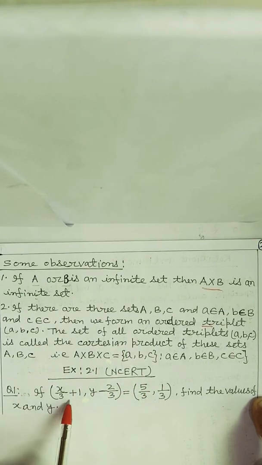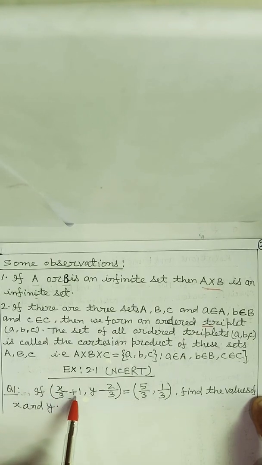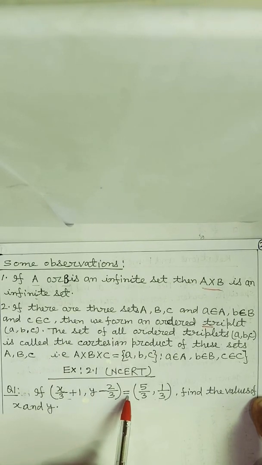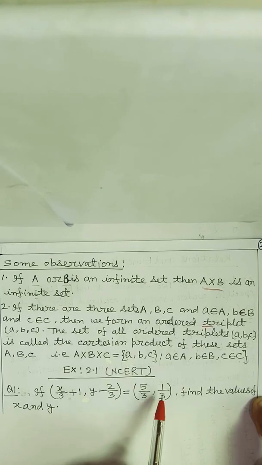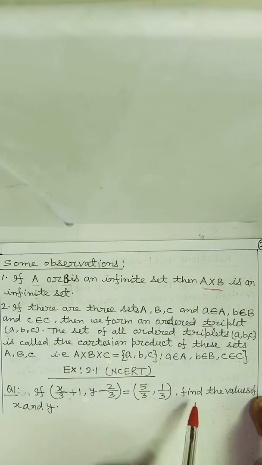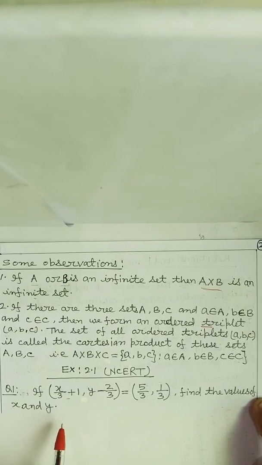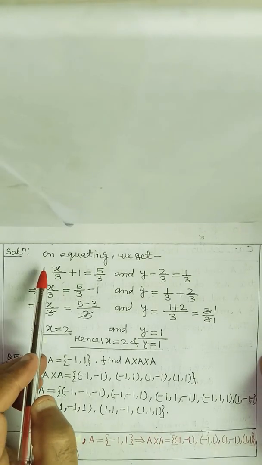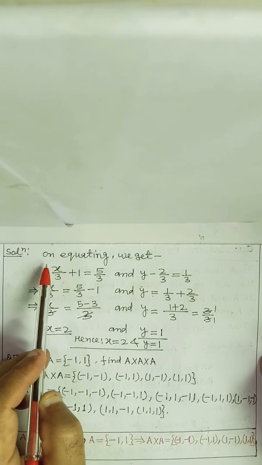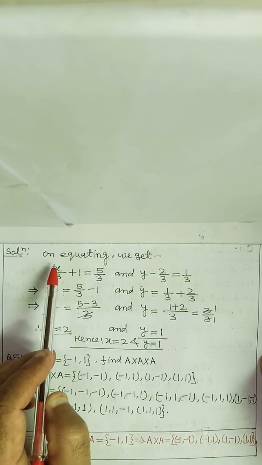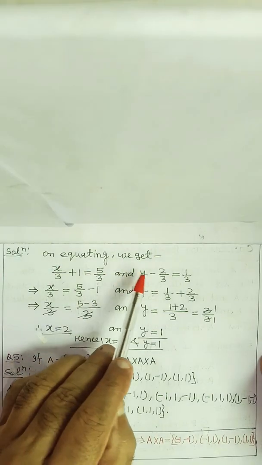Question number 1, if (x/3 + 1, y - 2/3) equal to (5/3, 1/3), find the values of x and y. Dear students, in this question we use the rule of equality of ordered pairs.